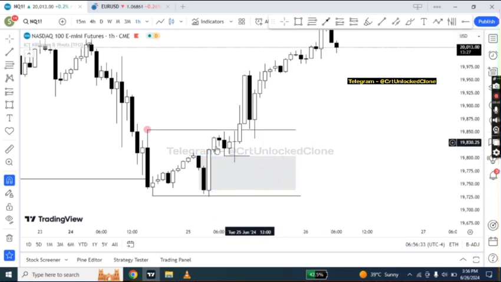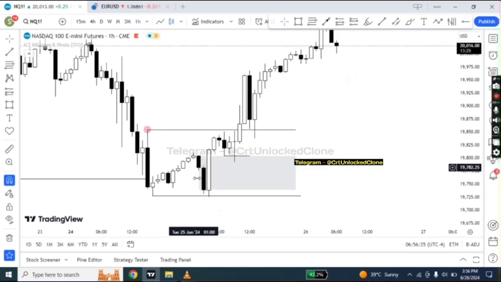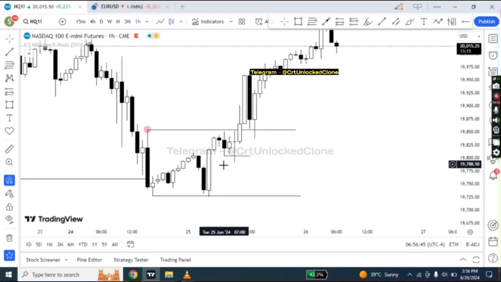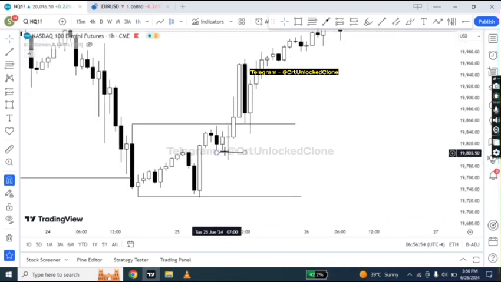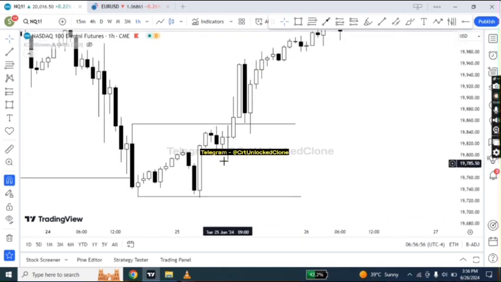The first one being that this candle dug into this order block right here, dug into this key level, and not only that, this candle was formed at a key time, which is the 7 a.m. Eastern time. The 7 a.m. Eastern time, along with other times, is a key time for a 1 hour CRT to be formed. So based off of these two factors, I decided that I'm going to potentially trade this CRT.